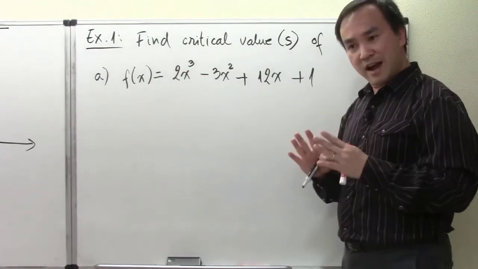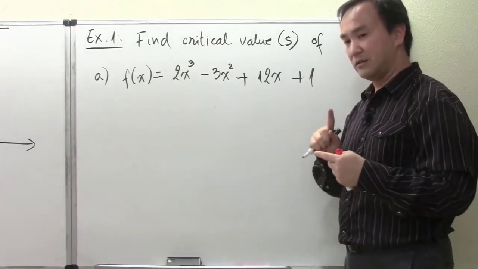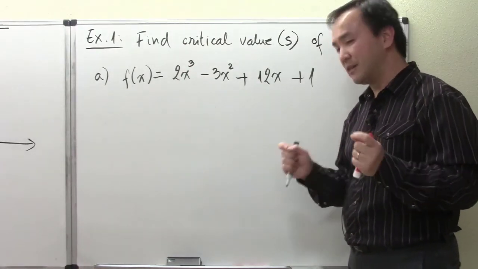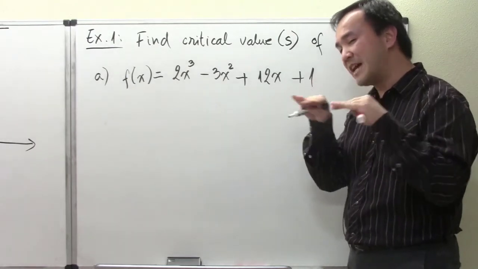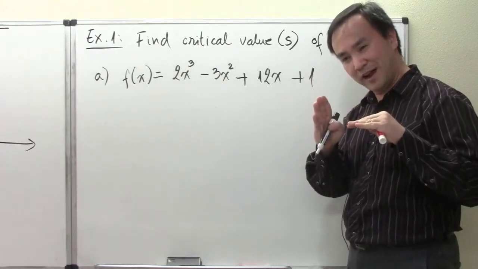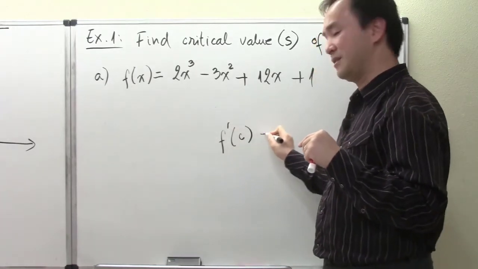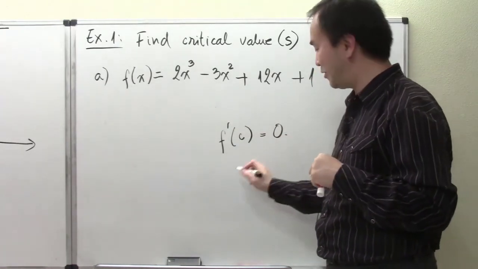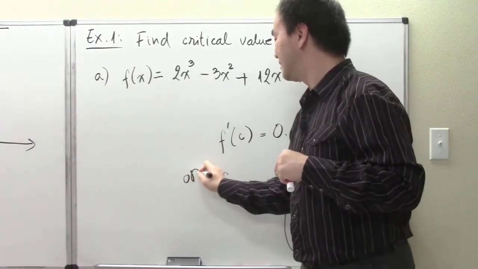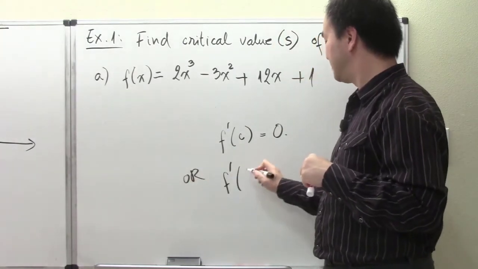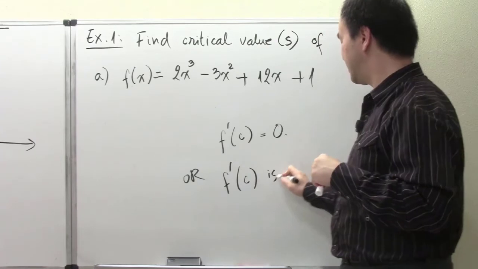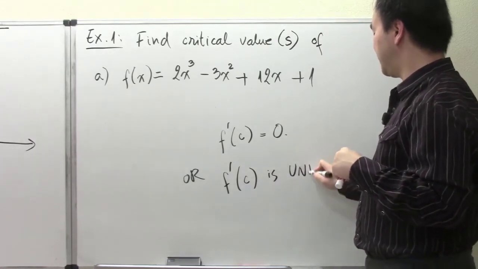Straight out from the definition we've learned, the critical value, any value on the x-axis you want to call the critical value, has to satisfy either f prime of c equals 0 or f prime at c is undefined.